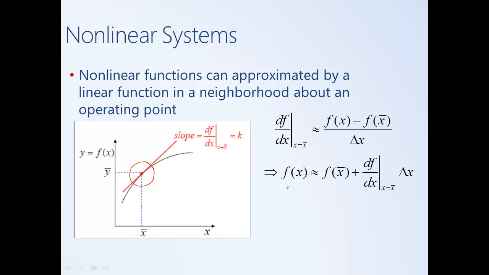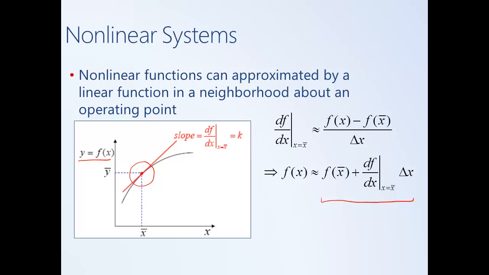Our nonlinear function is approximated by the y value at that point plus the slope times delta x. Therefore, we're approximating this nonlinear function y equals f of x as a linear function in terms of delta x, where this is the y-intercept, this is the slope, and this is the independent variable.